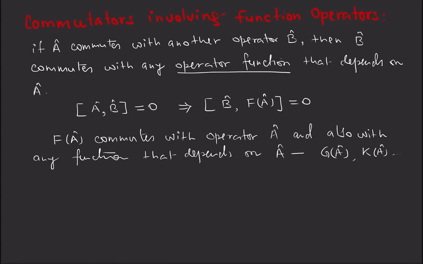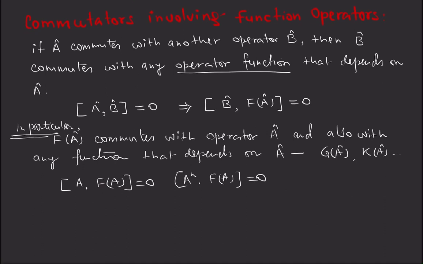So in particular, this is not the general case. In particular, if A commutes with any operator A, then it also commutes with any function that depends on the operator A. That is, commutator [A, A] is equal to 0, then [A^n, A] is also equal to 0, and commutator [F(A), A] and [G(A), A] are also 0.